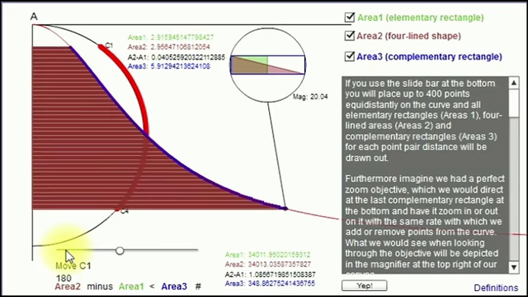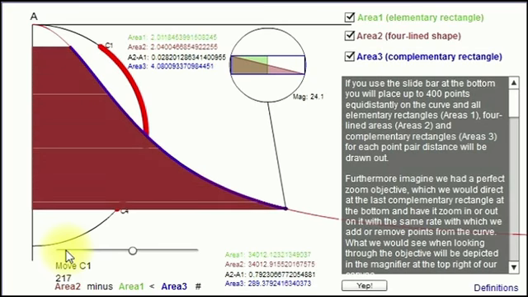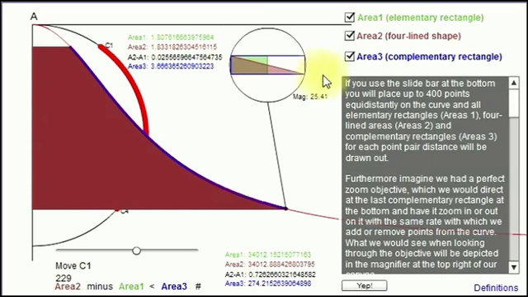I mean, 200 points around is not really a lot, but it's enough to show the principle that these little complementary rectangles become already inconceivably small if you look at those being placed around the resecting figure.